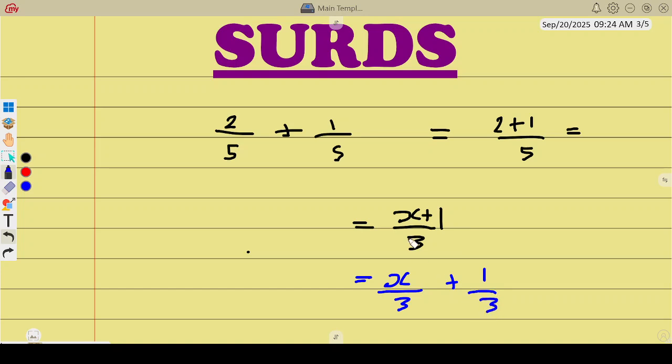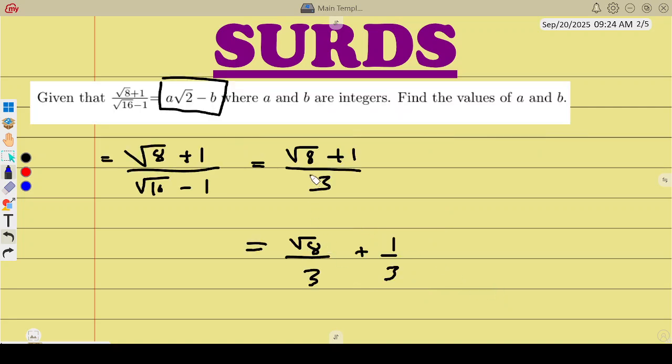They are sharing the same denominator. This is what has happened here too: these 2 things share the same denominator, so we can just separate them. So I have root 8 over 3 plus 1 over 3.